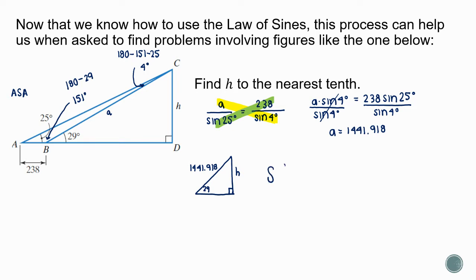We can start thinking about SOHCAHTOA because we have that right triangle. We can finish solving. Notice that I am wanting to find the opposite. We're given the hypotenuse, so we are once again using sine. So the sine of 29 degrees has to equal h over 1,441.918. So I'm going to get rid of that denominator by multiplying both sides by that number.